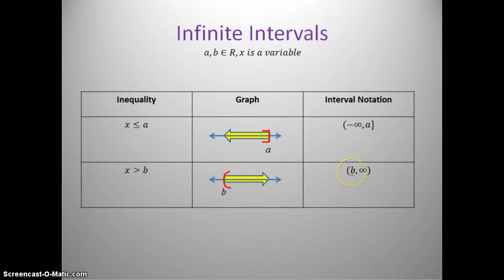Now here we do have a smallest value, or we can get up to the smallest value b, but not including it, so we have parentheses around the b. But there's no largest value. This goes out to positive infinity. And again, since we never actually get to positive infinity, it's not an actual number, we use the parentheses around the infinity symbol.